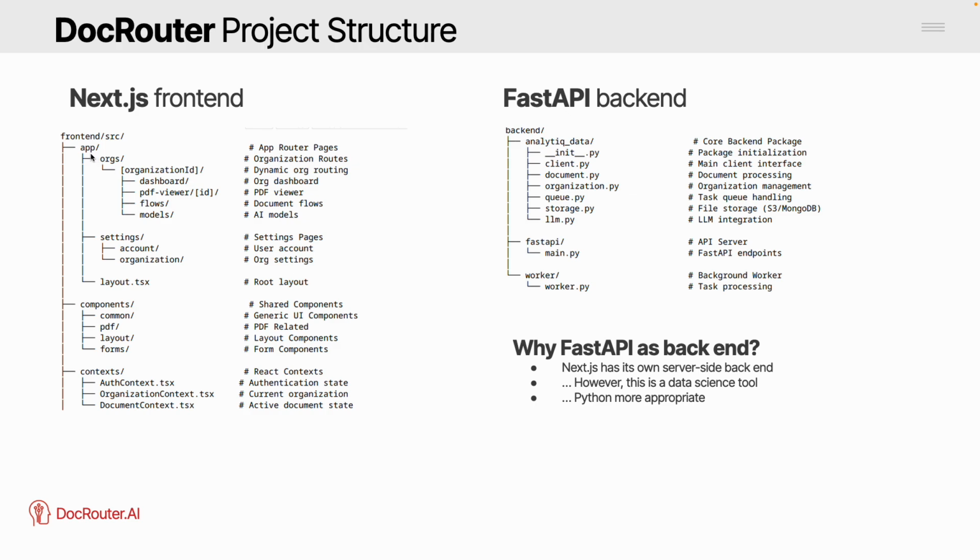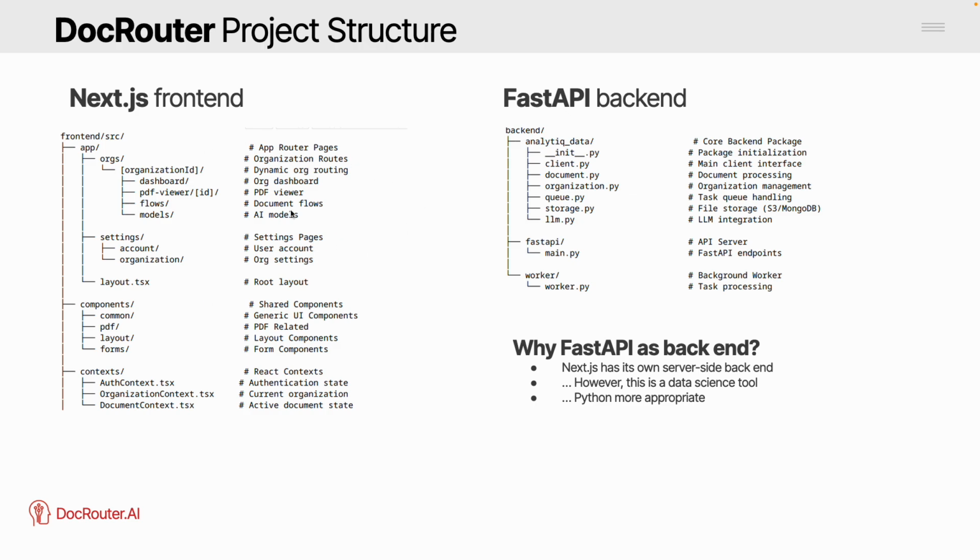So for example, if I want a page that says app, then orgs, then the organization ID, then let's say PDF viewer, and then the PDF ID, the dynamic things in the URL will have to be within brackets. That's a convention in Next.js, which sounds a bit artificial, if you will, but it's easy to see where the code is and understand it really quick. And then you have a folder for components and for context, and we talked about context really quick.